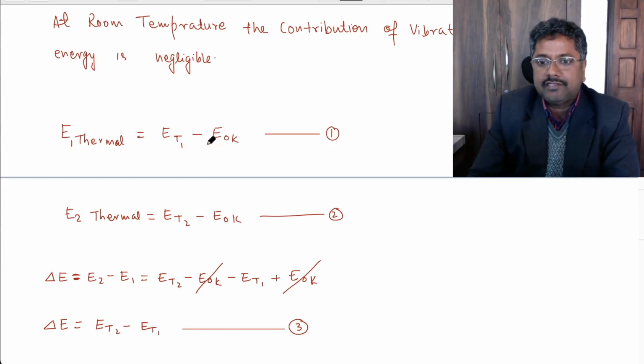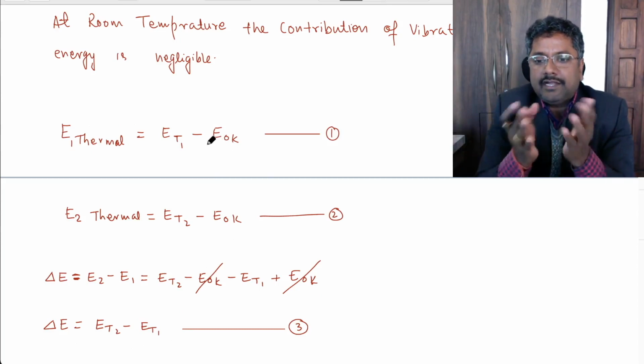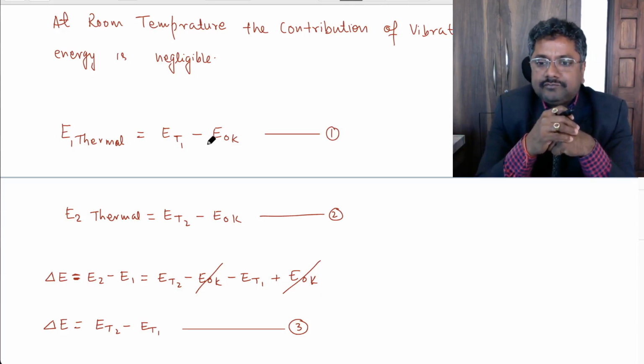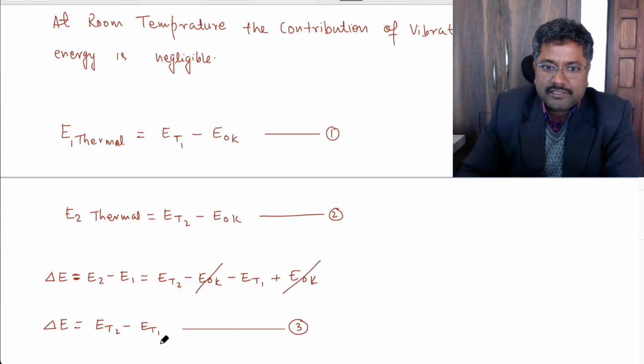As I have already discussed, even at 0 Kelvin there is some energy present in the system, even some thermal energy is left in the system. That is called 0 point energy, unremovable part of kinetic energy from the system, right? So this is the reason why.